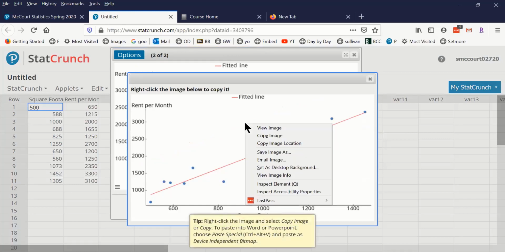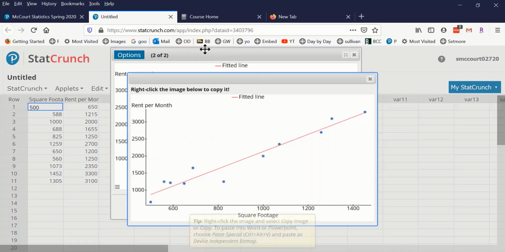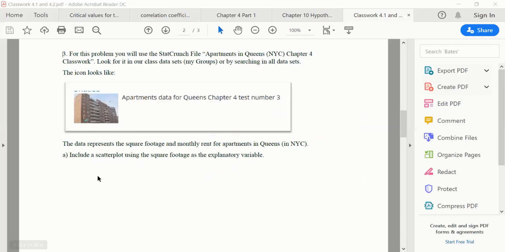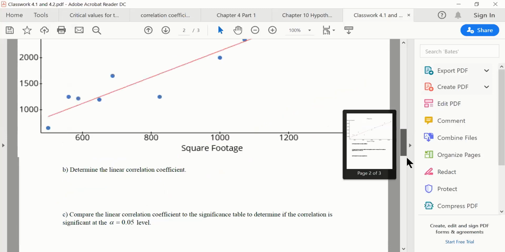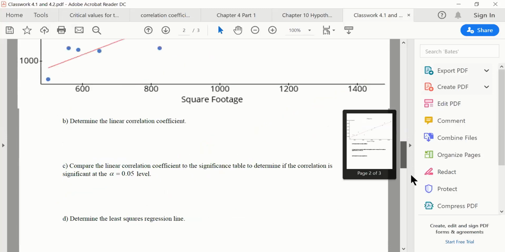So I right-click and copy. And then I can go back and paste it into here. Oh, this is a PDF, so I'm not going to be able to paste it, but you get the idea. Okay, so there's my graph. Oh, it's not a PDF, it worked.